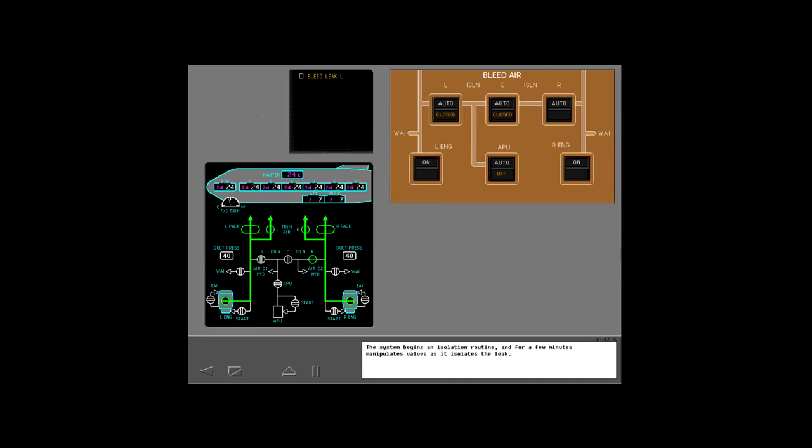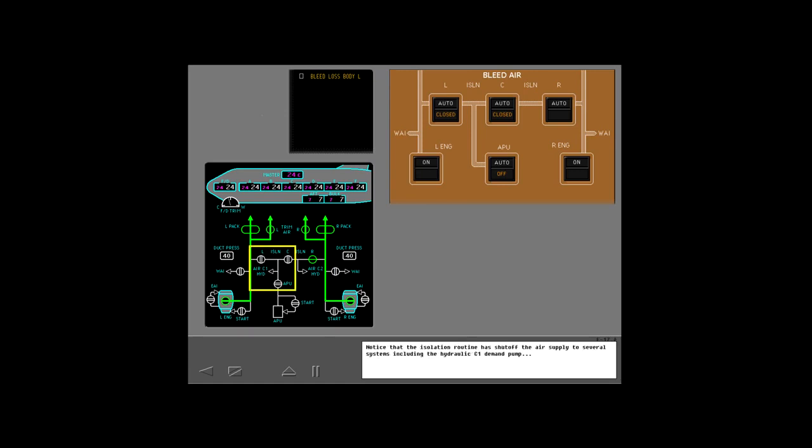The system begins an isolation routine and for a few minutes manipulates valves as it isolates the leak. After the system isolates the duct and the leak is no longer detected, the ICAS advisory message, "Bleed Loss Body Left," replaces "Bleed Leak Left" on ICAS.